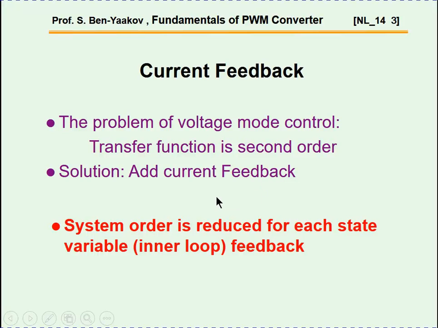The basic reason for that is that whenever you take a feedback from a state variable, and in this case it will be the inductor current, this will reduce the order of the system. That is, if we have a second order system and we have a current feedback from the inductor, then the system becomes first order, and I'll show it in a while.